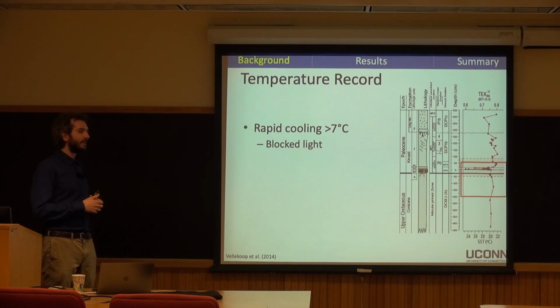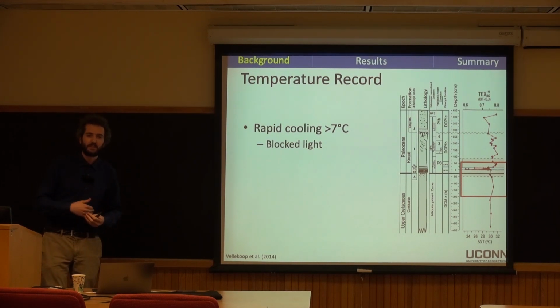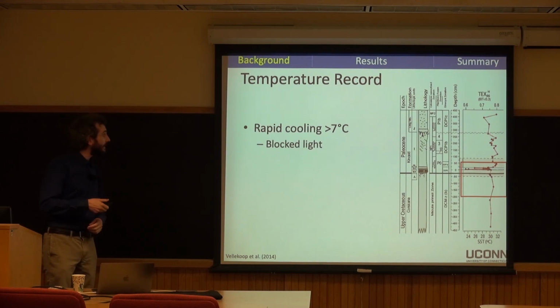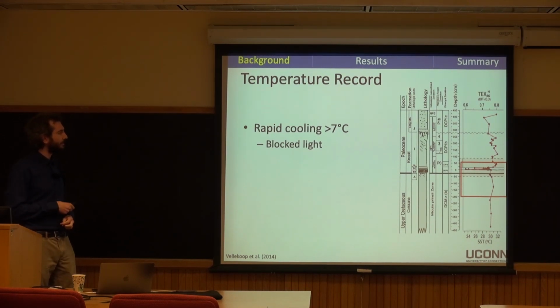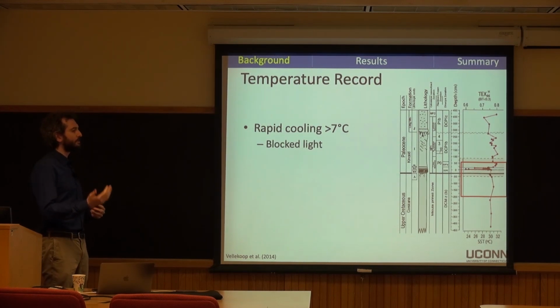In addition, a lot of the proxies that are used to try and reconstruct past temperature, et cetera, went extinct across the boundary, so you don't have this continuous record across the Cretaceous-Paleogene boundary.